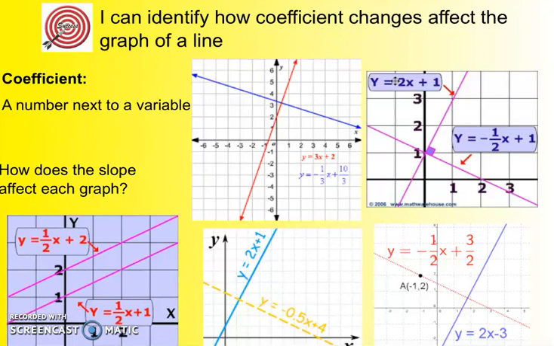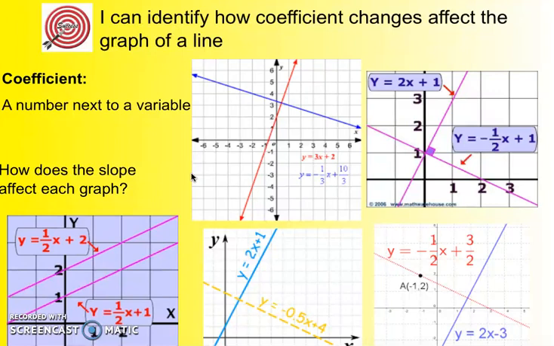So our target today is to notice if there are any changes that happen based on the different coefficients. If we look at these different graphs, do you notice anything that changes between them? If you look at the lines, how does the slope affect each graph?